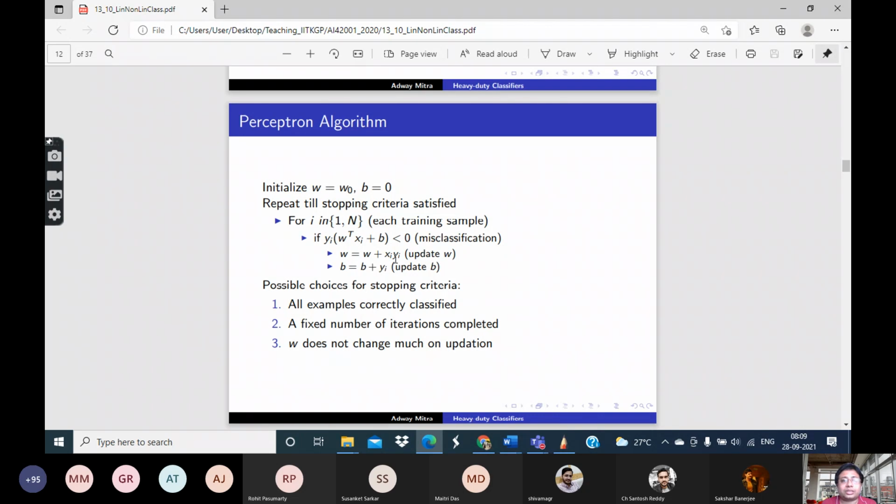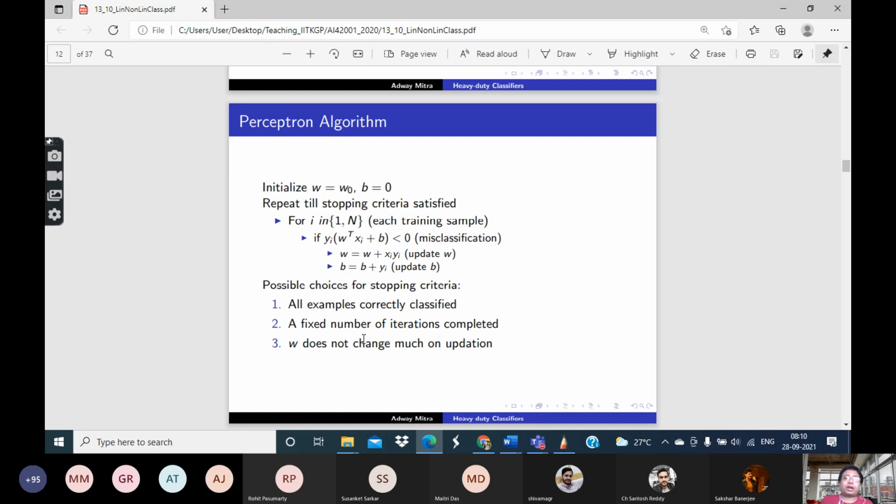Whenever we make a misclassification like this, we update the linear structure in such a way that there is less chance that that particular point is going to be misclassified. Even after updating, it may still be misclassified, but at least it comes closer to classifying it correctly. However, whenever I update the classifier to correctly classify one data point, in that process it may end up misclassifying other data points.